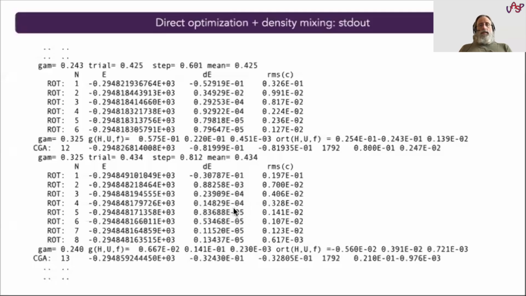Essentially using density mixing to get an optimal search direction for this part of the gradient, the one that is responsible for charge sloshing. So depending on where you are within the convergence process, quite a few subspace rotations are done, and like I said, they are costly.